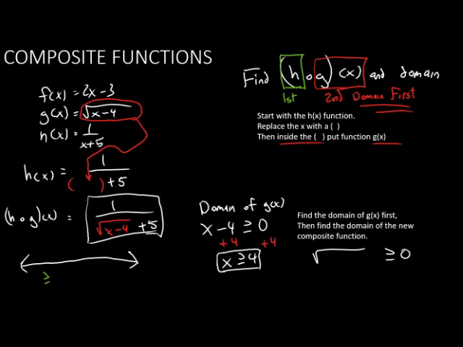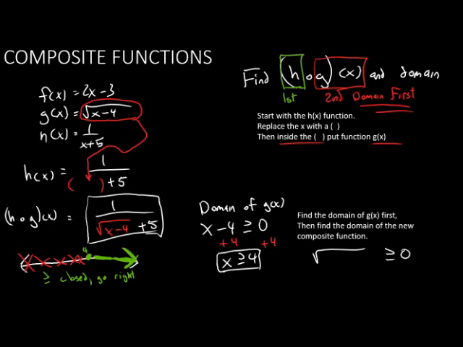Since we have greater than or equal to, this means we're going to use a closed dot and we're going to go to the right. So we'll place a closed dot at 4 and we're going to shade to the right. However, everything to the left of that 4 will not be part of the answer, and I'll place my red X's on that. So now we know the first restriction on our domain based on the g of x function.